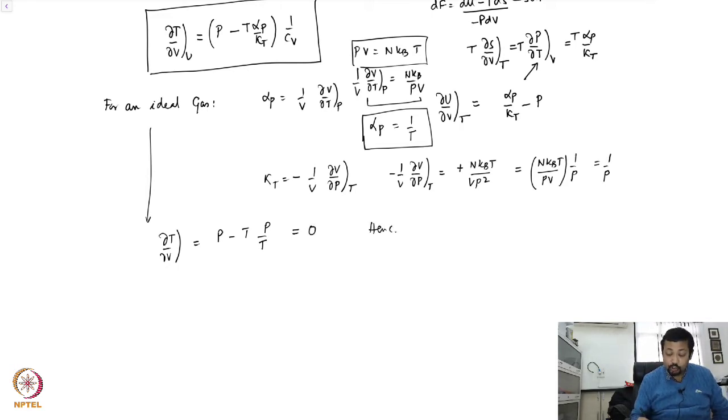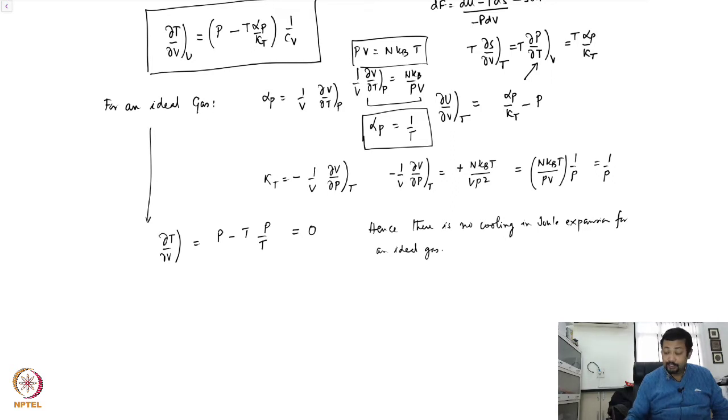Hence, you conclude there is no cooling in Joule expansion for an ideal gas.